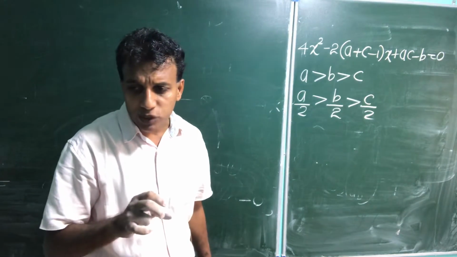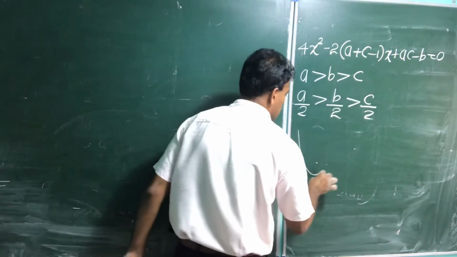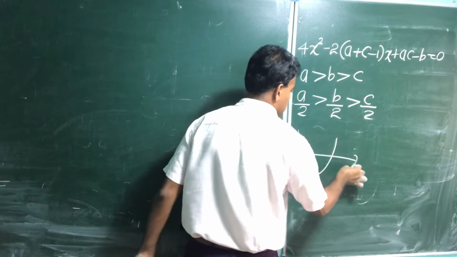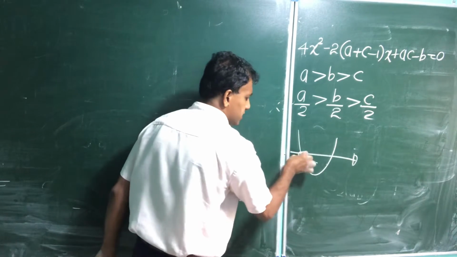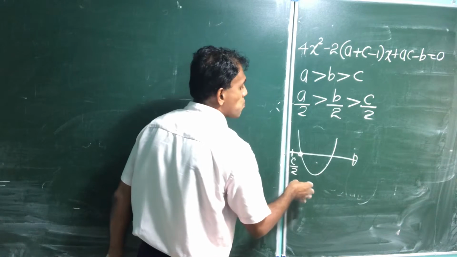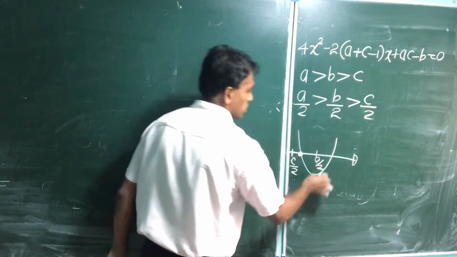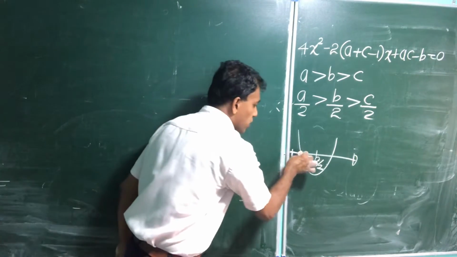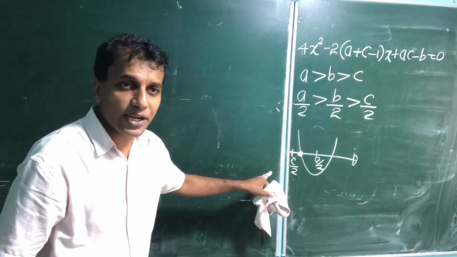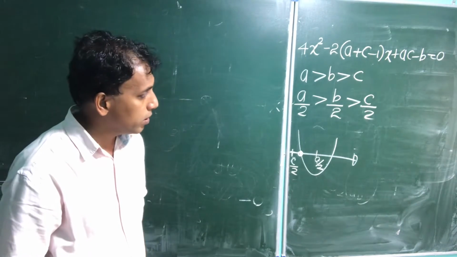One answer between c by 2 and a by 2, right? This is the pattern of the graph.